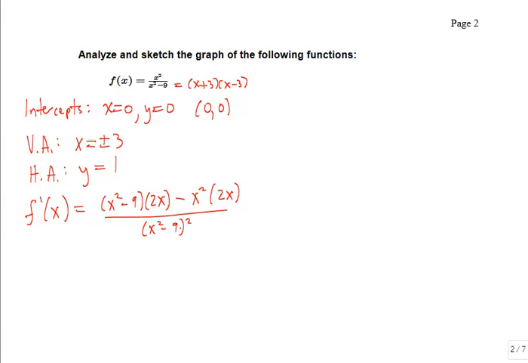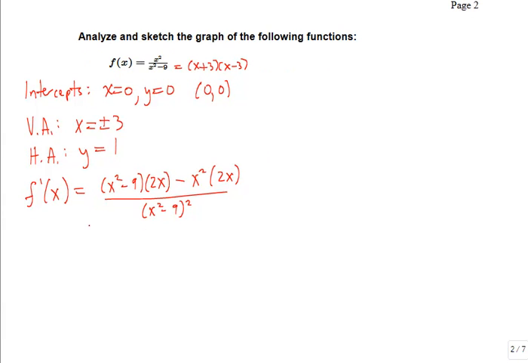Now it's important to get this derivative as simplified as you possibly can and factored as much as you possibly can. So let's go ahead and distribute my 2x across. I'm going to get a 2x cubed minus 18x minus 2x cubed. So that means my 2x cubes are going to cancel, and I get negative 18x over x squared minus 9 quantity squared.